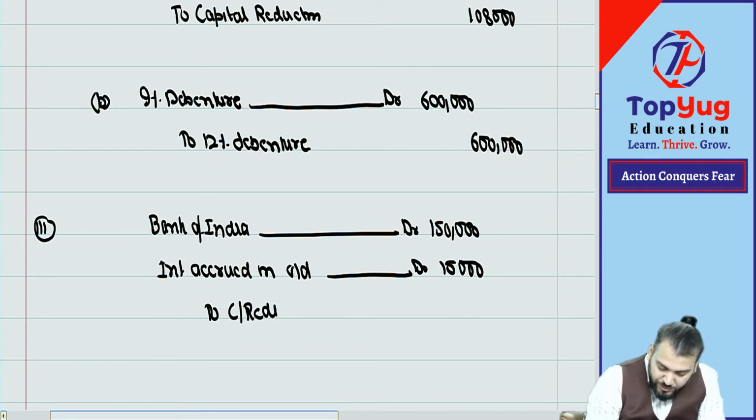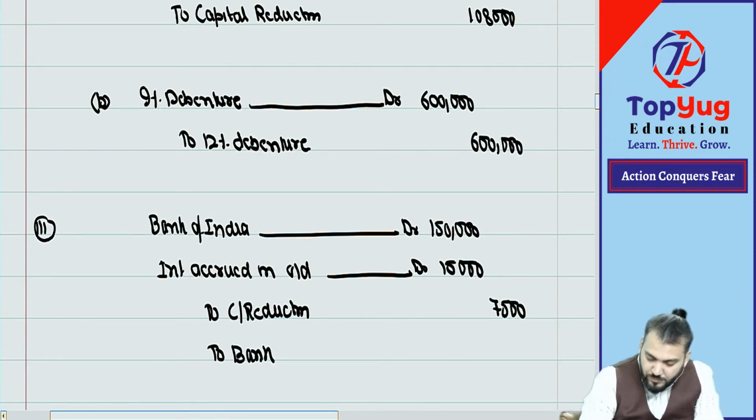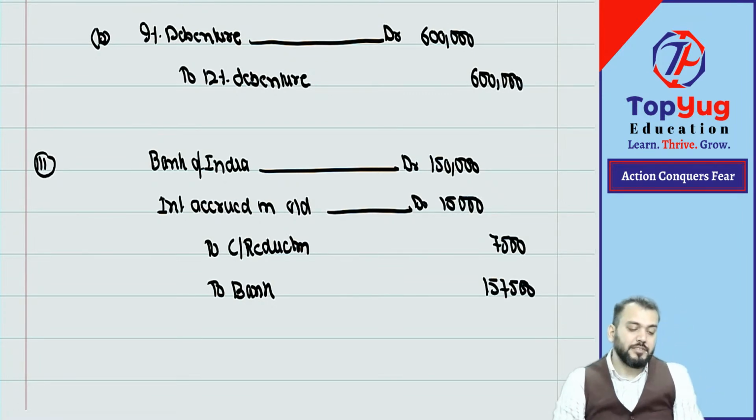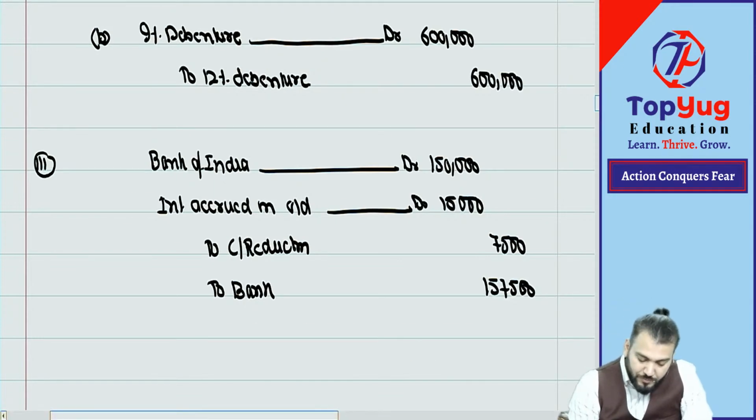To capital reduction it is 7,500, and the balance will be paid immediately. So to bank how much? 1,57,500. Got it? Correct. Next point.